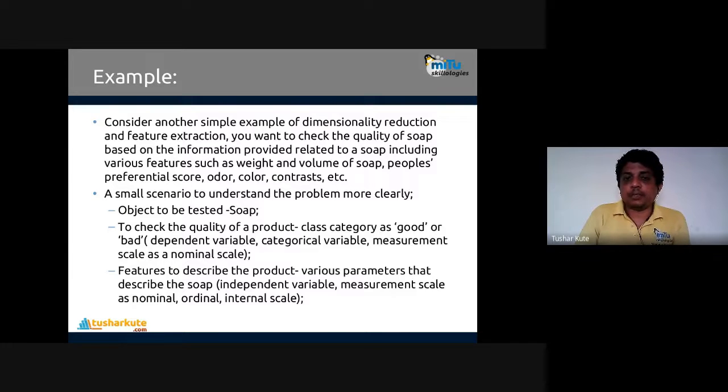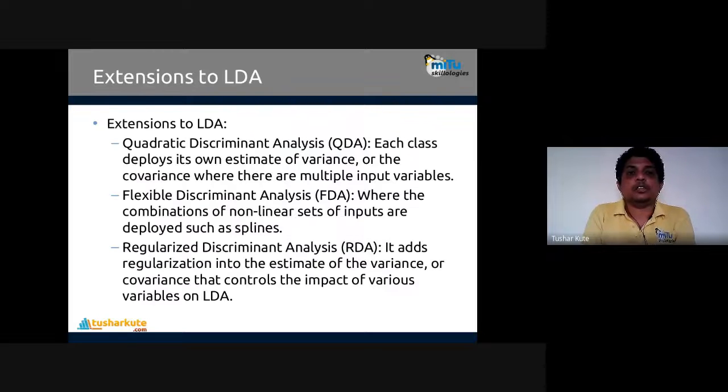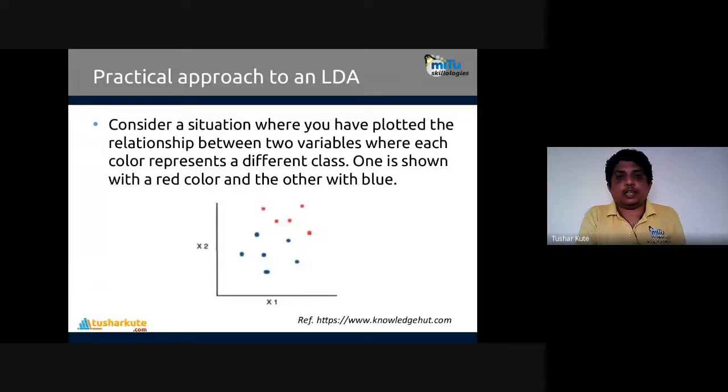The dependent variable is good or bad, but the independent variables can be many things, such as preferential score, odor, color, contrast. They are the features. Based on these features, you define the class. So there are many different ways that are possible.